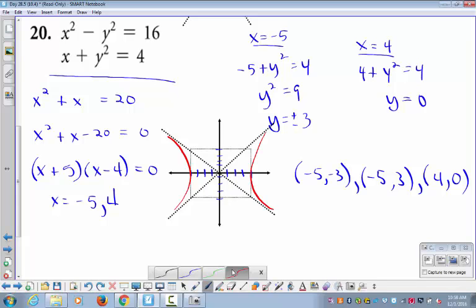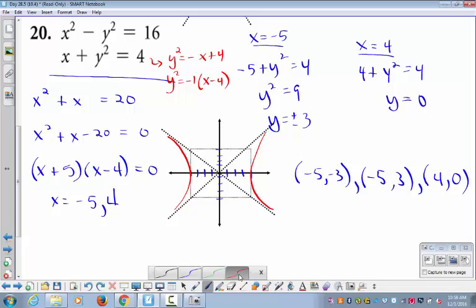Okay, second equation is a parabola. And what is the standard form of that parabola? If we do it in the standard conic form, we isolate the y squared. So if y squared equals negative x plus 4, we would then have to factor out the minus 1.